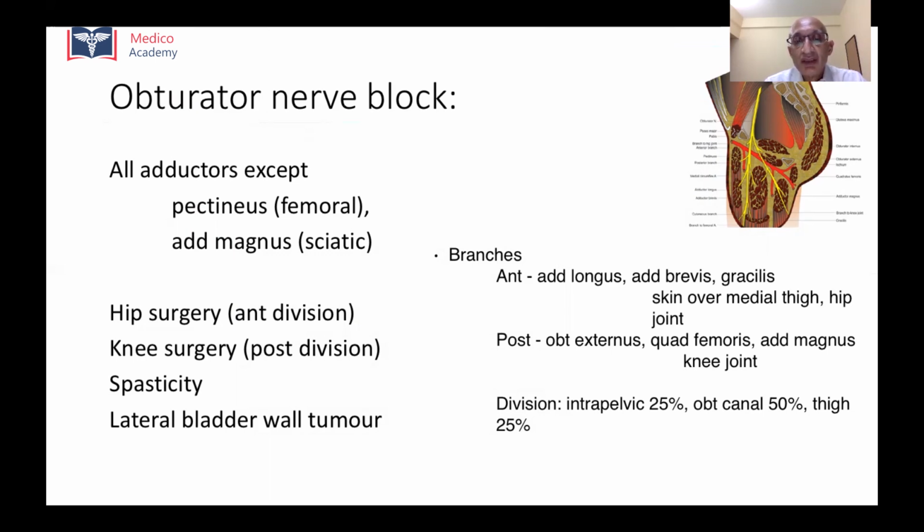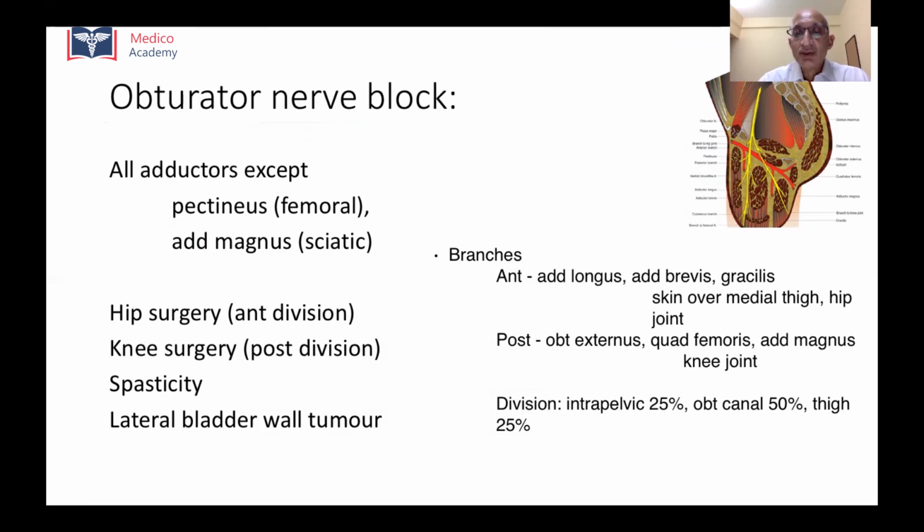So when the surgeon applies diathermy there, the nerve can get stimulated, direct stimulation, and that can result in adductor spasm. And surgeons have been kicked in the face. So in spite of spinal, we do give this particular nerve block when we know that the tumor is arising from the lateral bladder wall.